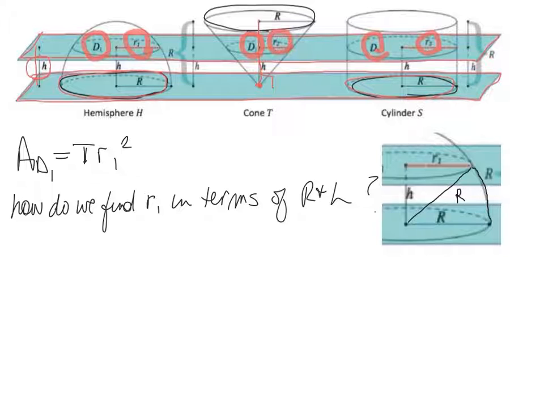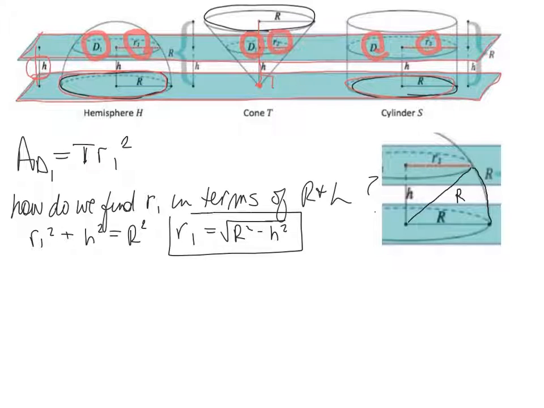Now, to find little r in terms of big R and H, the Pythagorean Theorem works. r1 squared plus h squared equals big R squared. Therefore, r1 equals the square root of big R squared minus h squared. That's how we find little r in terms of big R and H.